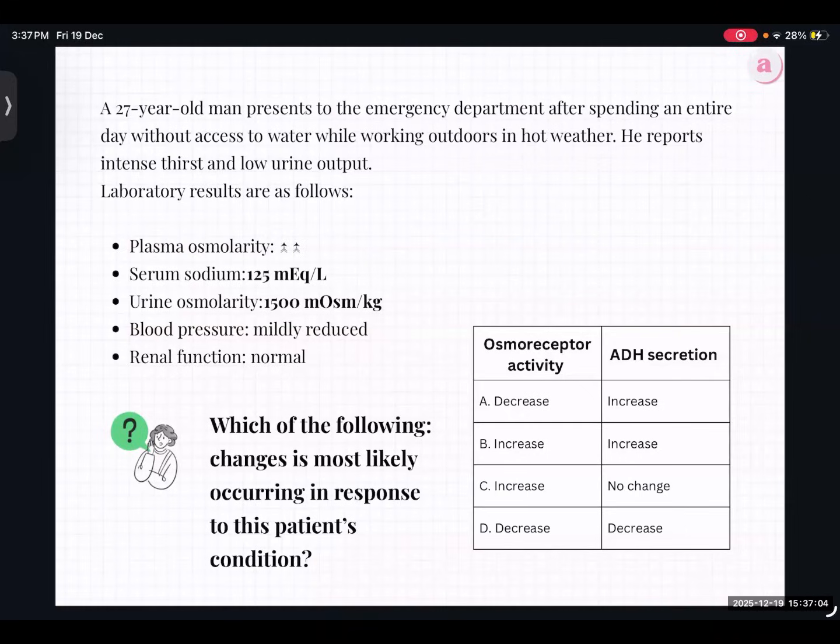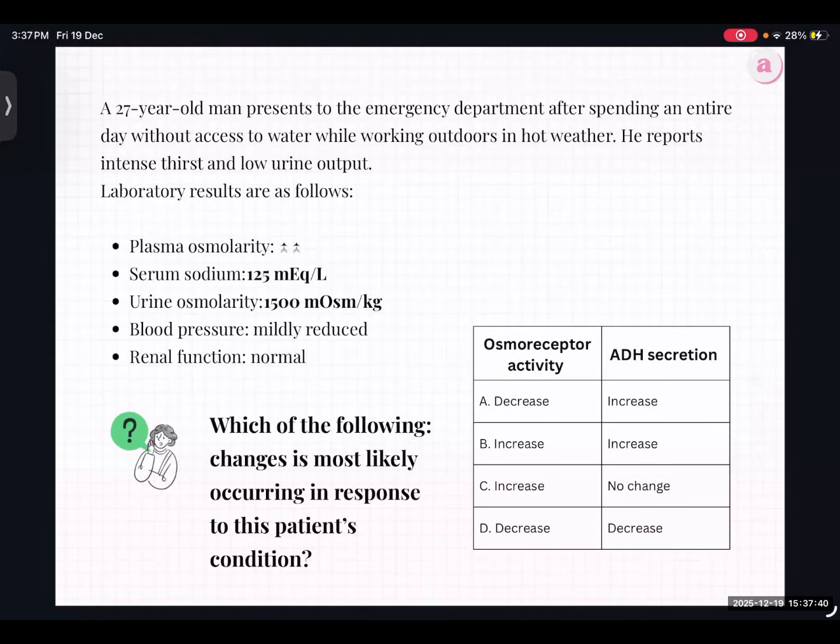We have a 27-year-old man presenting to the emergency department after spending an entire day without access to water while working outside. He reports intense thirst and low urine output. After laboratory tests, we found that the plasma osmolarity was increased, the serum sodium was 125, urine osmolarity was around 1,500 milliosmoles, blood pressure was reduced, and the renal function was normal.